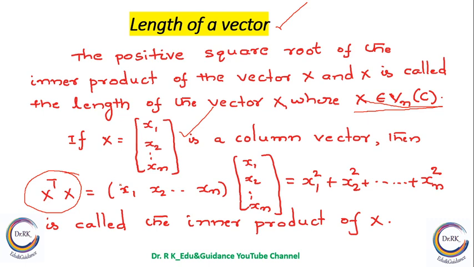Otherwise, with x transpose x, we have the row vector x1, x2, so on xn times the column vector x1, x2, so on xn. As discussed, its inner product is x1 square plus x2 square, so on plus xn square, which is called the inner product of x.